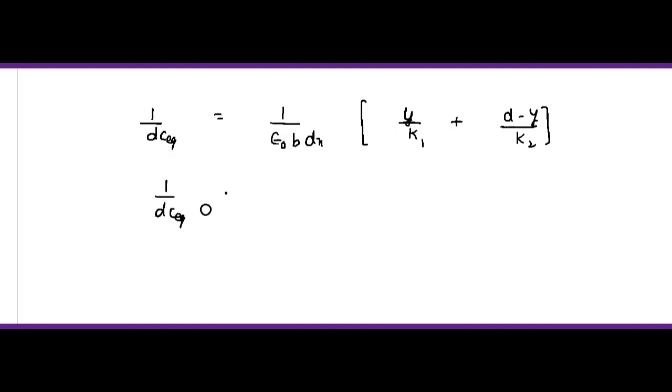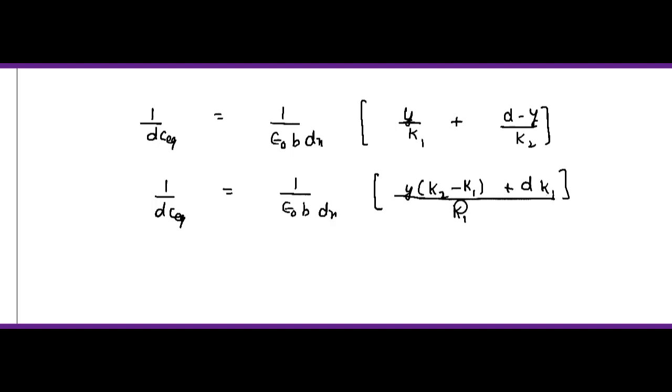After taking the common term and the LCM, 1 by dC equivalent would be 1 divided by epsilon b times dx, then k2 would be multiplied with y, and k1 would be multiplied with d minus y. If we take y common, it turns out to be k2 minus k1 from this side, plus d times k1, then the whole divided by k1 k2.